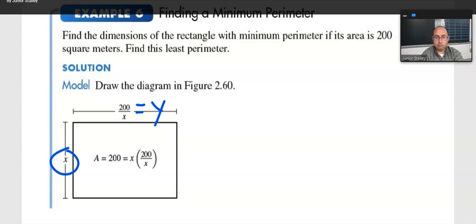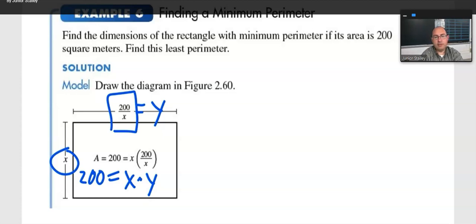And since the area is 200, they're just using length times width, or x times y, and so they just solved it for y. If you said x times y equals 200, that's how they came up with this expression.